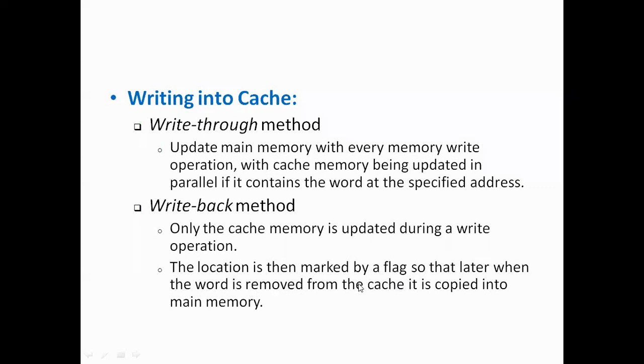So it is somewhat a time saving procedure. You don't have to write into main memory if there is a change in cache. You only have to write in main memory when the word is removed from the cache because of some replacement or some other reason. So this is called the write back method.